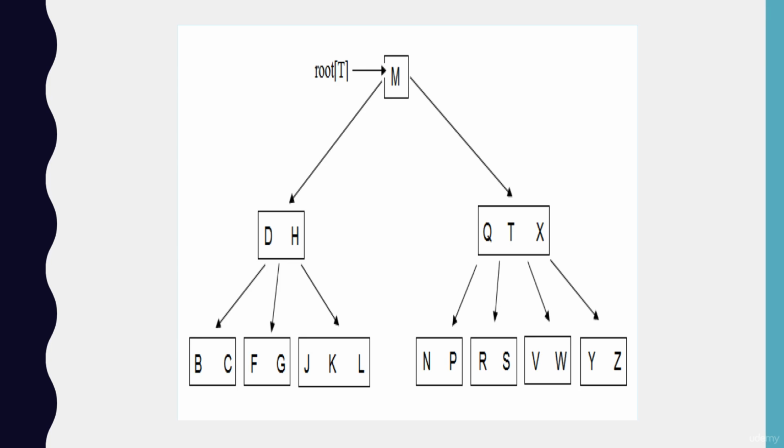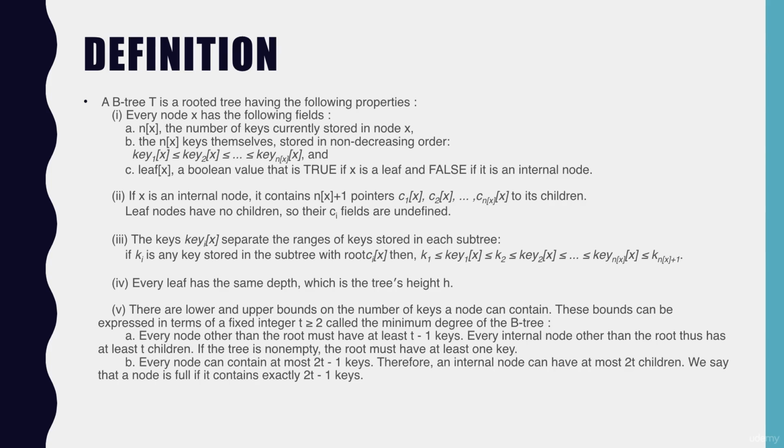Definition of a B-tree. A B-tree T is a rooted tree having the following properties.